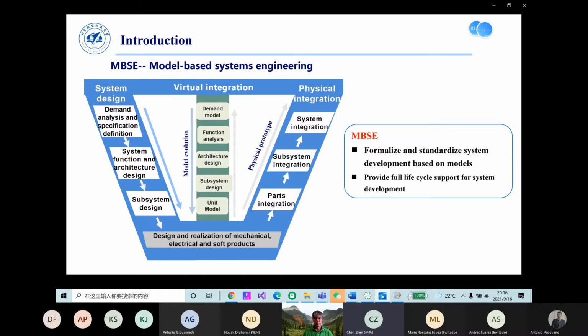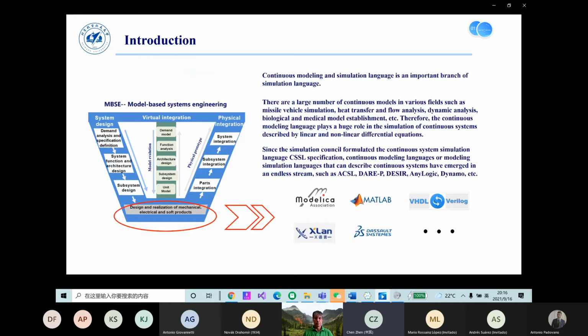In MBSE modeling of specific physical objects, a large number of modeling and simulation software will be used. Among them, the modeling of continuous physical objects is an important part of it.